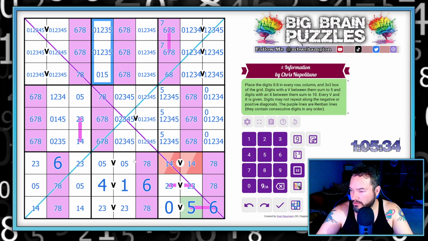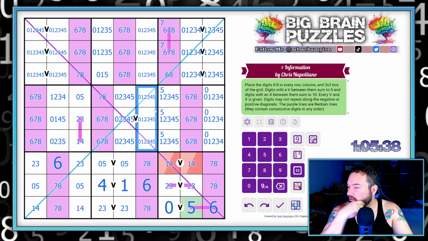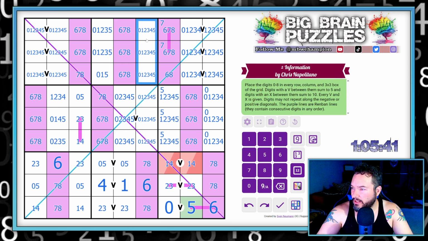Not sure here yet, so let's just continue going. So a 1 has to go here, meaning a 1 can't go here. 1 does have to be here. 4 has to go here, so that means 4 cannot go here.